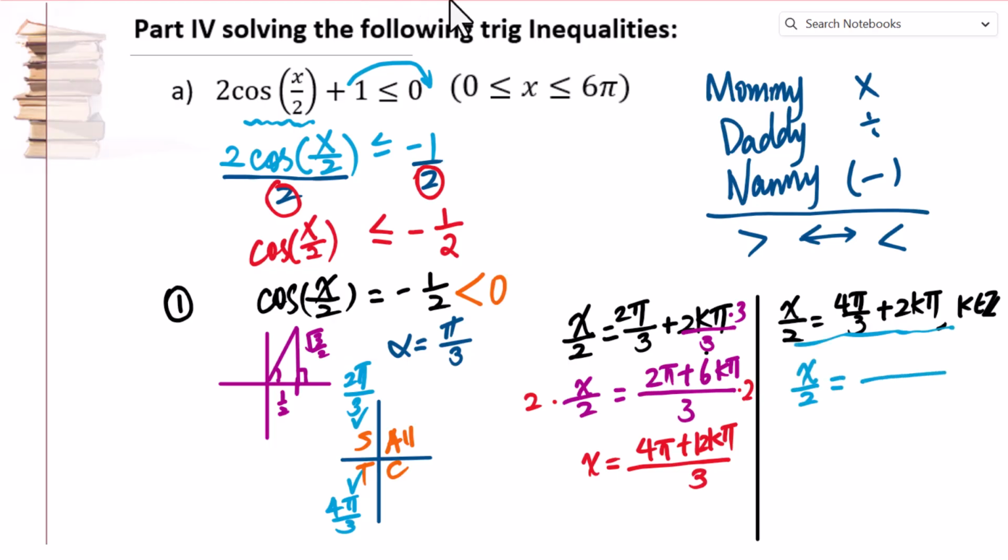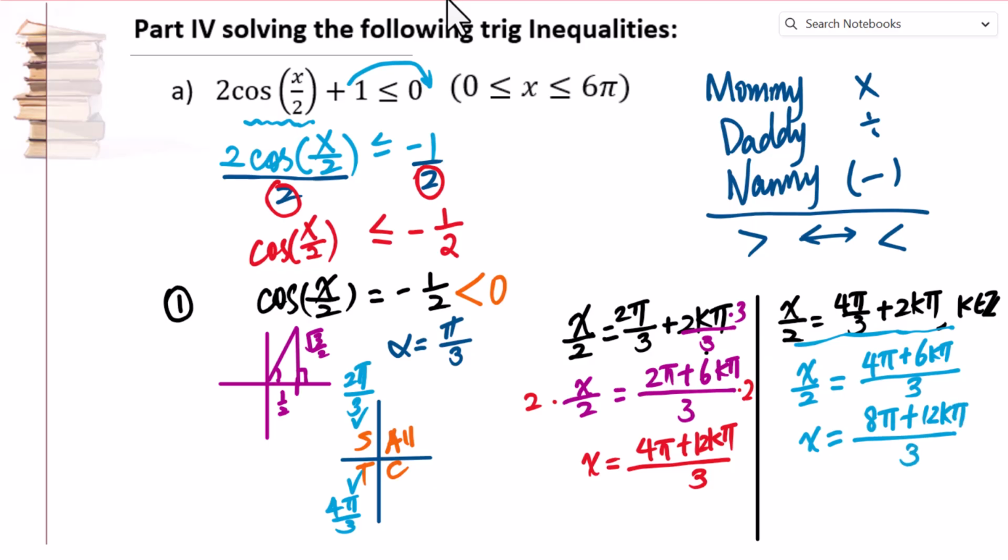For the other, x over 2 equals 4 pi plus 6k pi over 3. Times 2 on both sides, we got 8 pi plus 12k pi over 3.